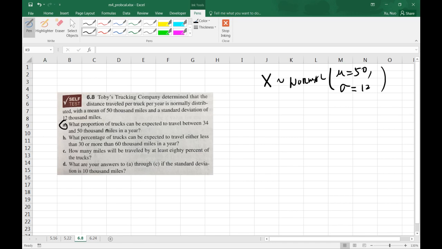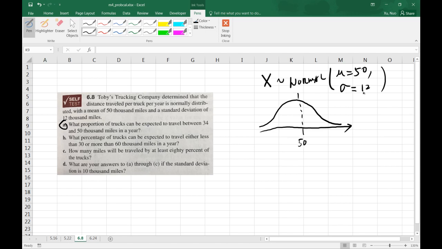Problem A, what proportion of trucks can be expected to travel between 34,000 and 50,000 miles? It's always helpful when we have to deal with a normal distribution to draw a density function. So in this case, we know the distribution is centered at 50.